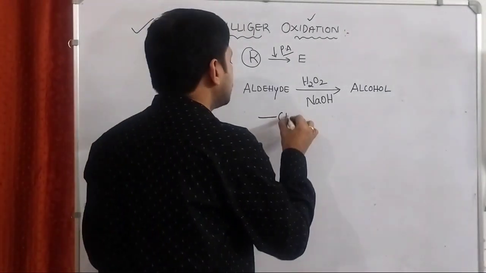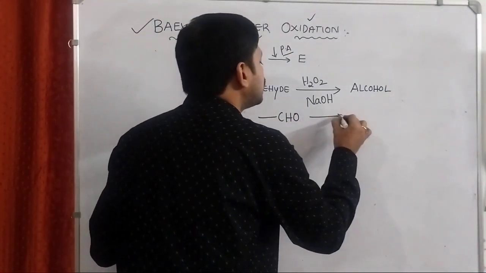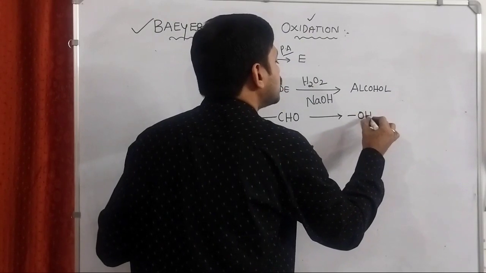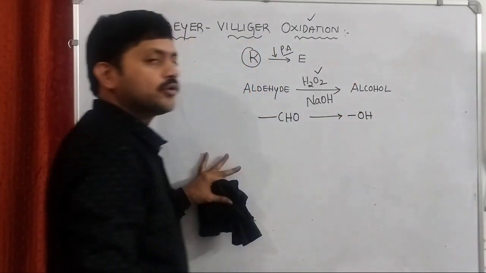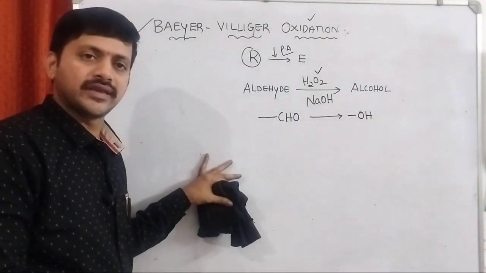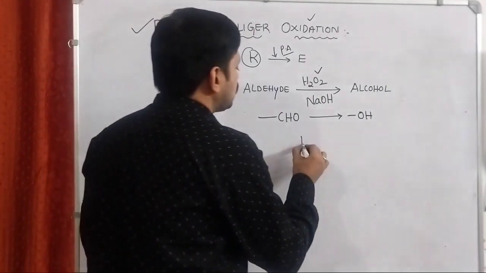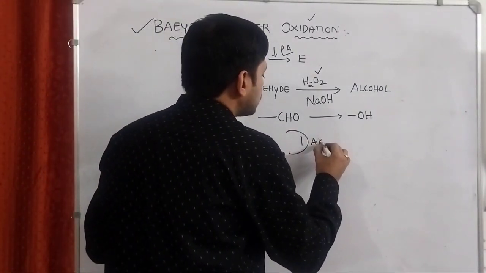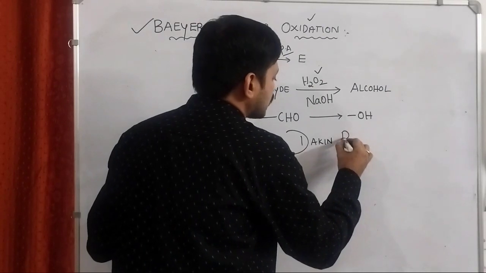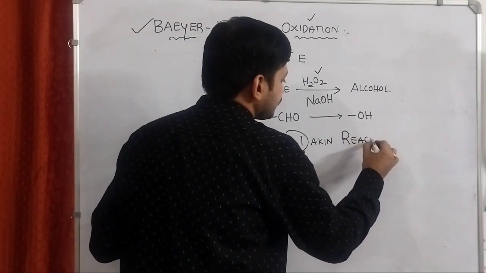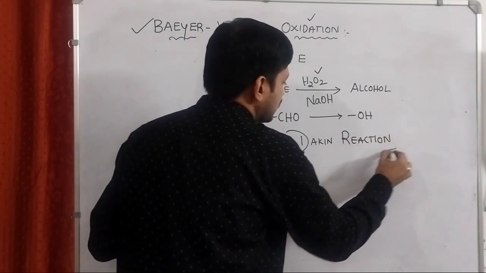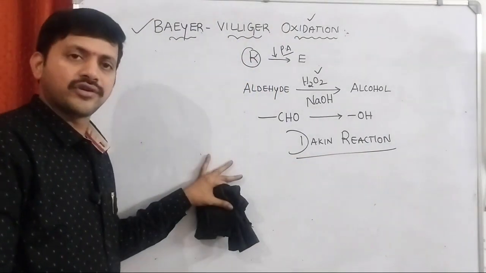Simply, how can we represent it? Conversion of CHO to OH by treatment with hydrogen peroxide in presence of base. This reaction is commonly called the Dakin reaction.